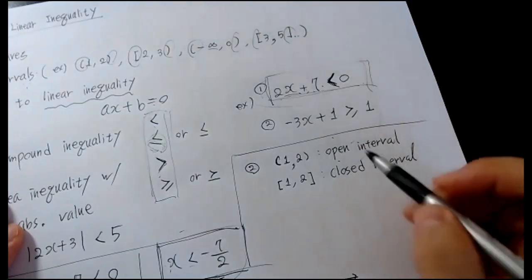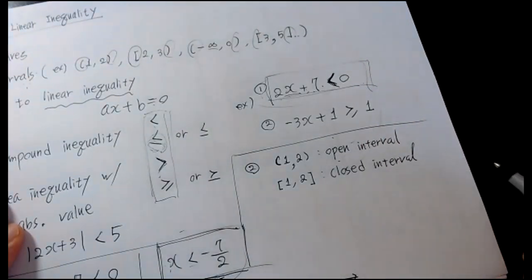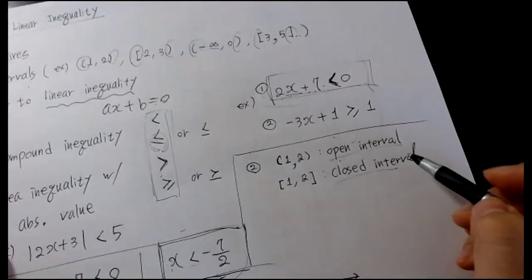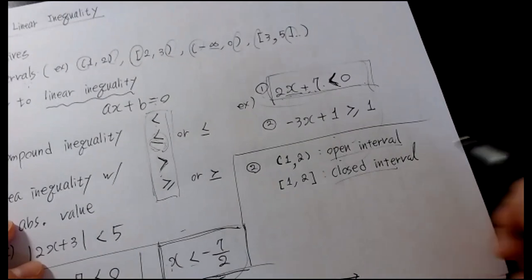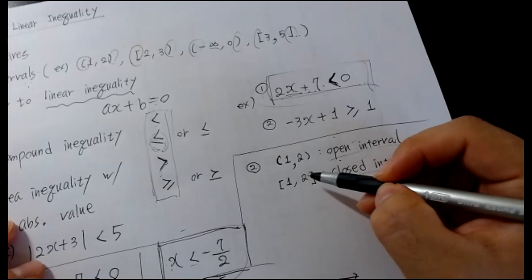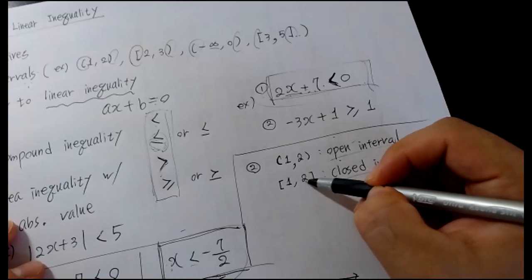Okay, so there are two types of interval: open and closed. But here's a question. Sometimes we may need to include the left endpoint but not include the right endpoint.